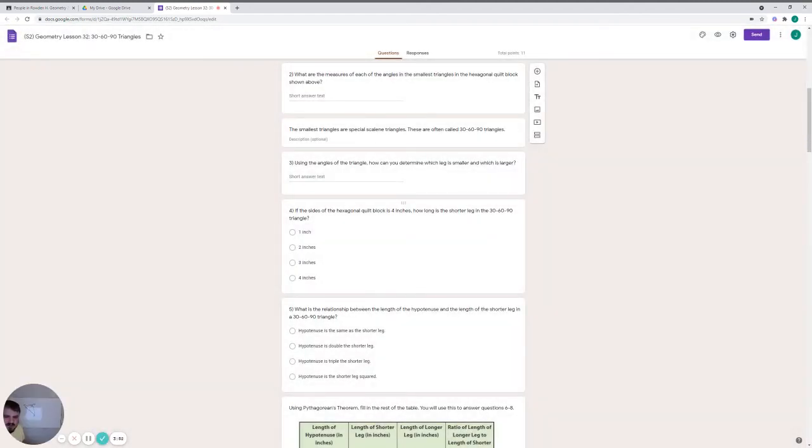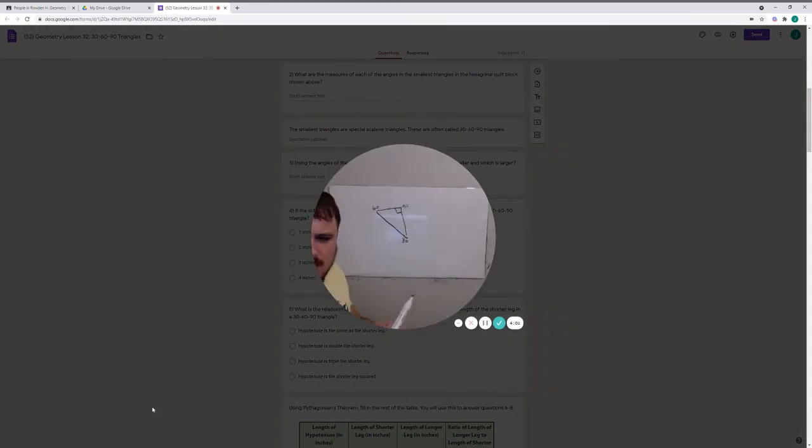Now it asks us if the sides of the hexagonal quilt are 4 inches, how long is the shorter leg? So to do this, let's go back and make this into a triangle out of the hexagon quilt. Right, so that's what it was at first. And this is just one triangle.